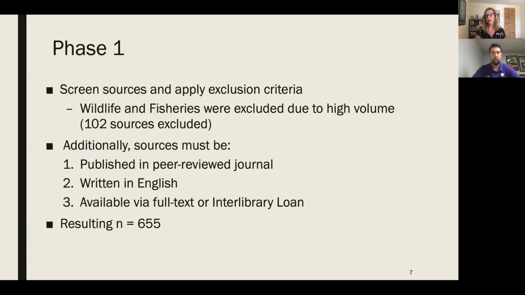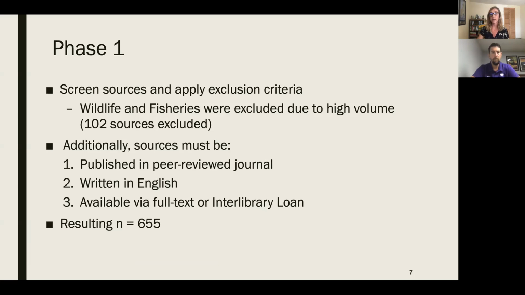Also, we know that wildlife and fisheries has historically used photographs and images, and so they've conducted reviews in their own field of work already, and so we just didn't want to overshadow the sources pertaining to camera and image data in other disciplines. And so we thought that was important to note. We did include any abstract that was published in a peer-reviewed journal, written in English, and available in full text.